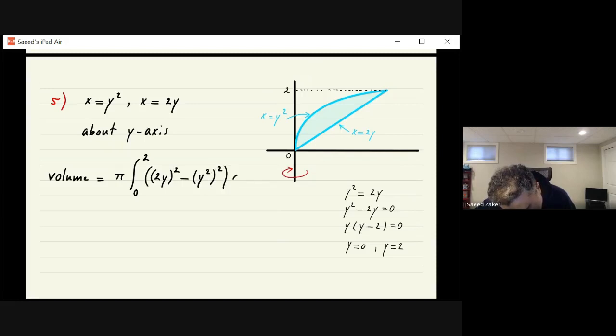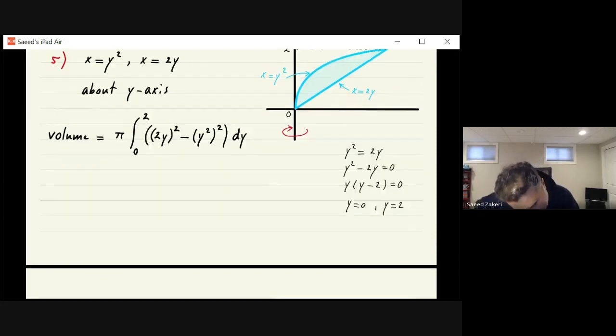And then you integrate this with respect to y. So this is just pi times integral from 0 to 2 of 4y squared minus y to the 4th dy. Y happens to be your variable of integration.